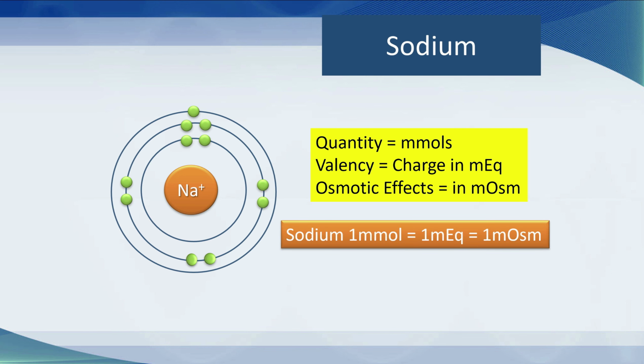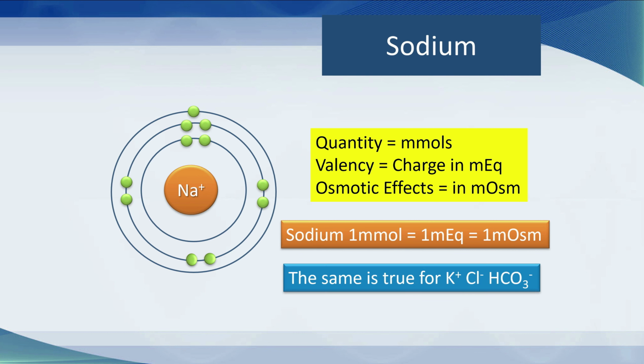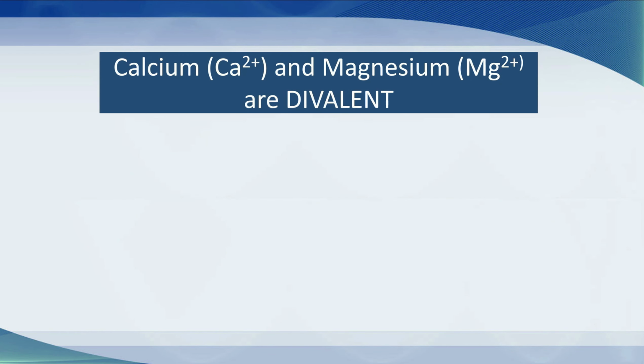In this case, 1 millimole equals 1 milliequivalent equals 1 milliosmole. And the same is true for potassium, chloride, bicarbonate, lactate, keto acids, etc. Calcium and magnesium, which are Ca2+, and magnesium, Mg2+, are divalent.